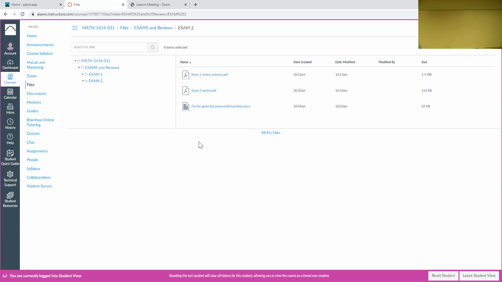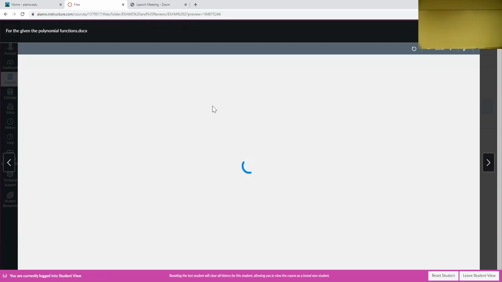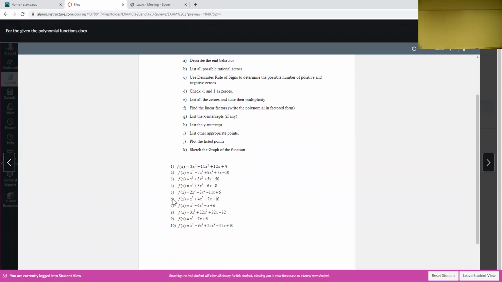Okay, no. And what is in here is the worksheet that has all the steps you're required to do when you're graphing a polynomial function. And here are 10 problems, and we've done some of those. Okay, thank you for letting me know.